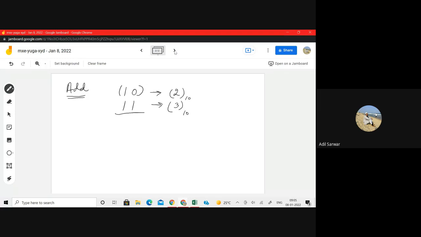If I add them, 1 0 plus 1 1 gives 1 0 1, which is basically 5 in decimal. Is it fine? This is just to brush up your knowledge. I do hope that you all know all these things.